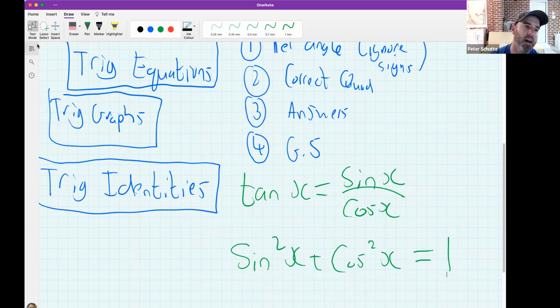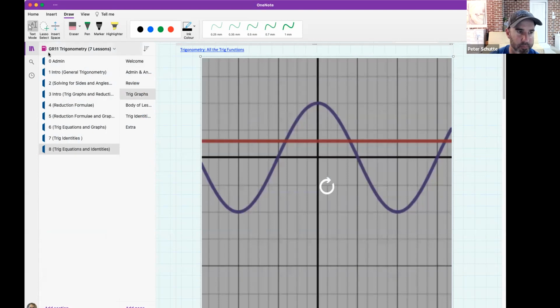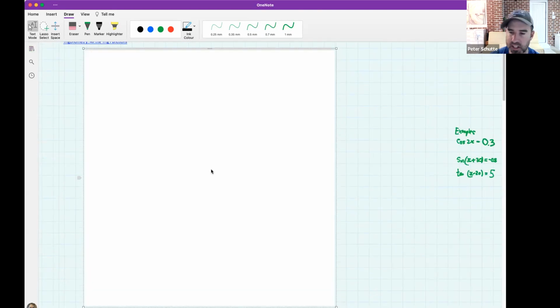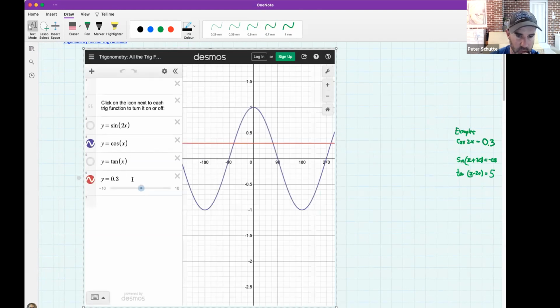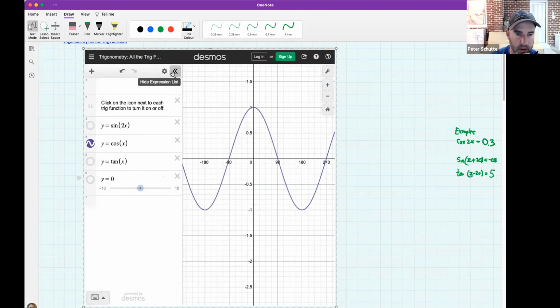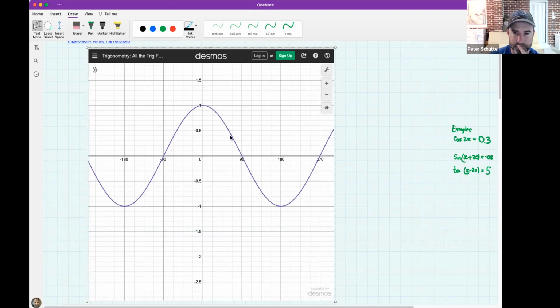So let us look at a trig graph. And I've got a little fancy bit of technology, hopefully, that can help us illustrate what is going on here. Let me get rid of this one here. Okay, so what I want to know in the chat is what is the trig graph that is currently on the screen?